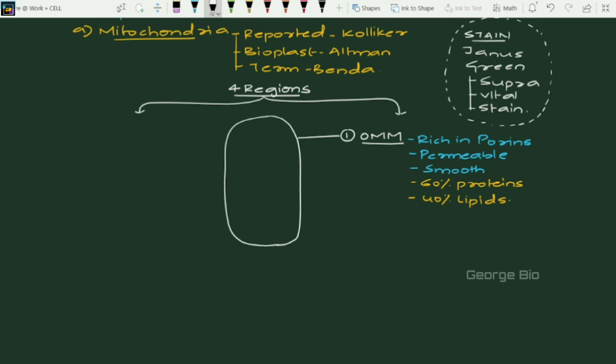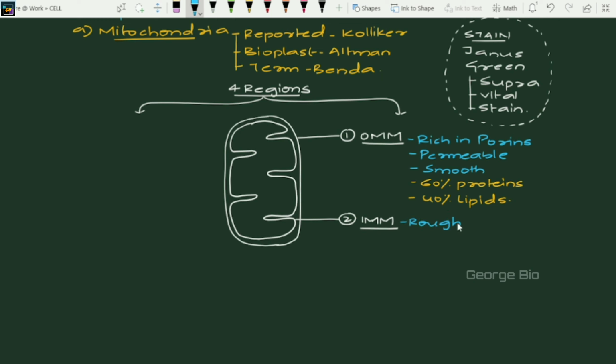Number 2. Apart from this one, it also has a membrane on the inside, and this membrane consists of infoldings, and these infoldings help in increasing the surface area of the inner membrane. That inner membrane is called the inner mitochondrial membrane, IMM. It is rough in texture, as it consists of many knob-like structures called F0, F1 particles.